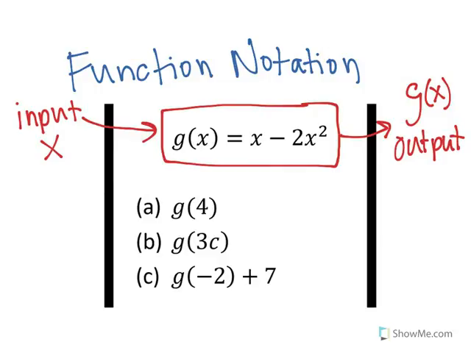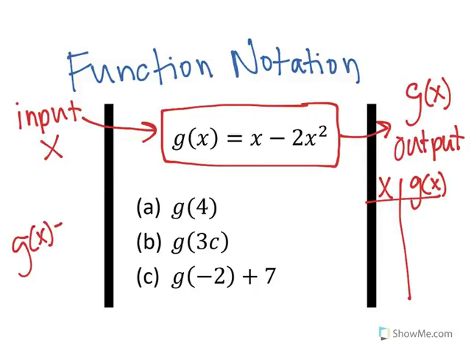If we were to set this up as a table, we would put x on the left and g(x) on the right. In this way, g(x) is very similar to y, which is what we've used previously when we were not using function notation.